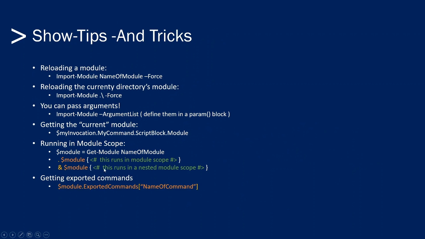Ampersand will create a nested scope within the module, and dot will run directly in the module scope. This is how you poke in your module once it's already loaded, or how you peek inside of somebody else's module. Is this an intentional thing built into PowerShell, or is this like a side effect of how dot and ampersand work?